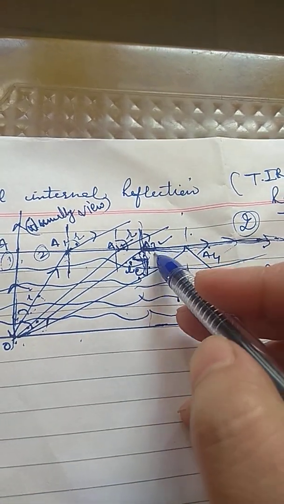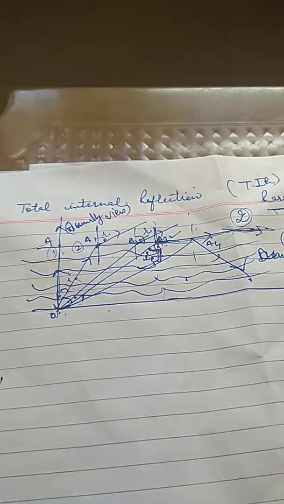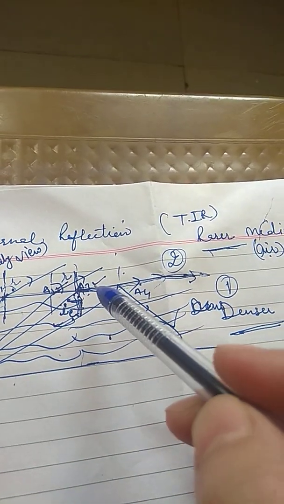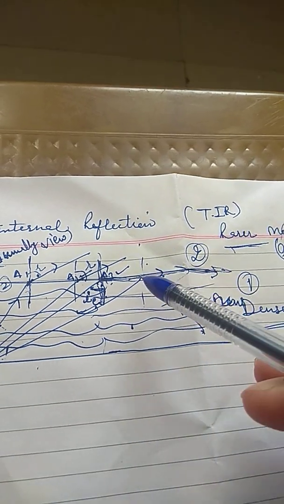So at this point of incidence, the path of the ray goes toward the surface of the medium, and this angle is called the critical angle.